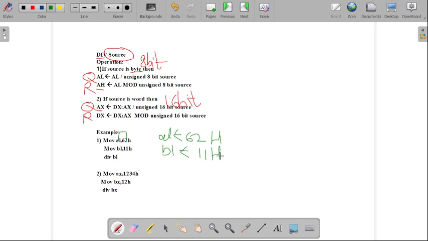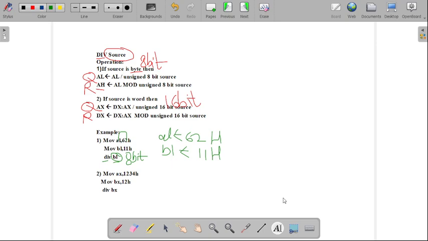Now both registers have their contents, that is AL and BL are equal to 62H and 11H respectively. Now we have to perform the division instruction. Here DIV BL is written. Our BL is an 8-bit register, called an 8-bit unsigned source register.